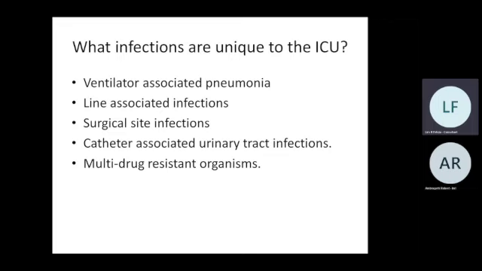Some of them will shower, even if not every day. They will have a bath or a shower at some point during their stay, or they will get bed baths. And their environment is not one where you get lots of patients coming in and out at the same frequency as you do on the ICU.